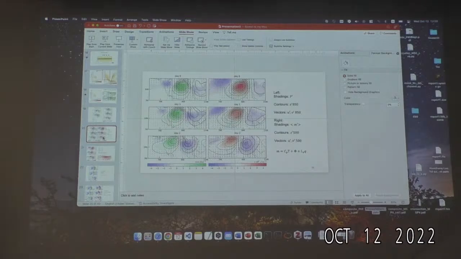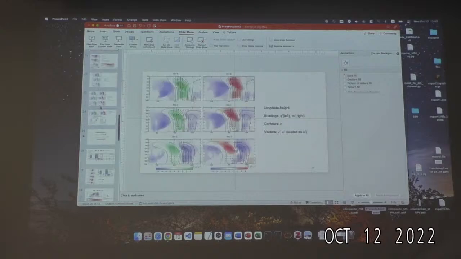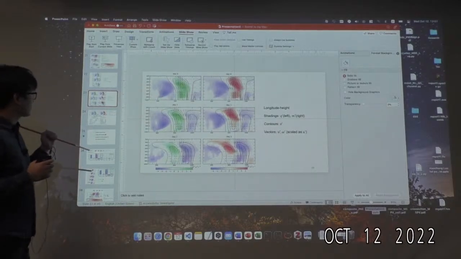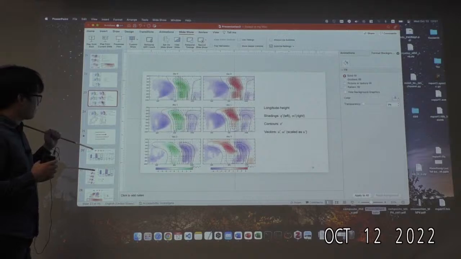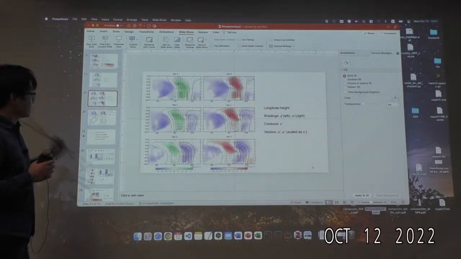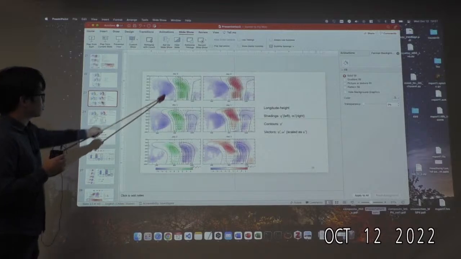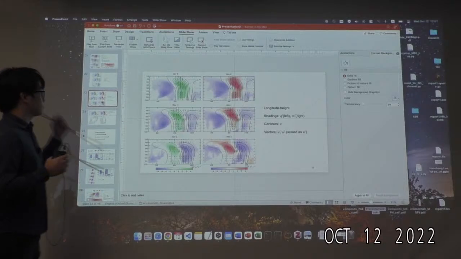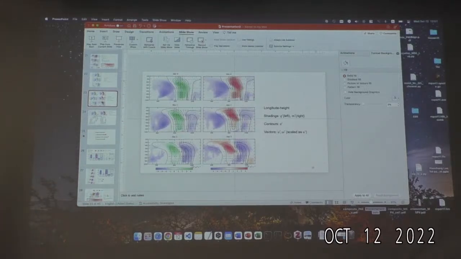I think only U bar is sensitive, if you look at the cross sections. The topography has an effect on the system, but generally these fields are not very important features.